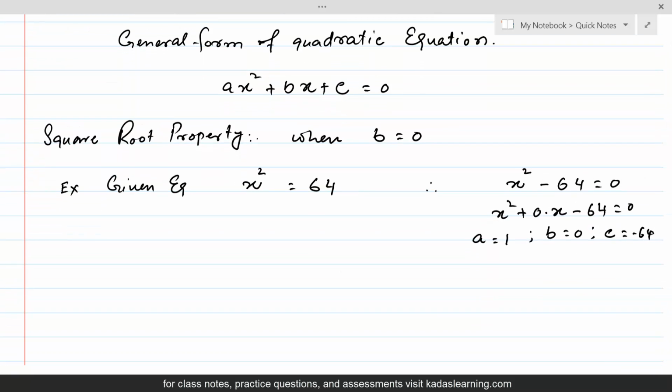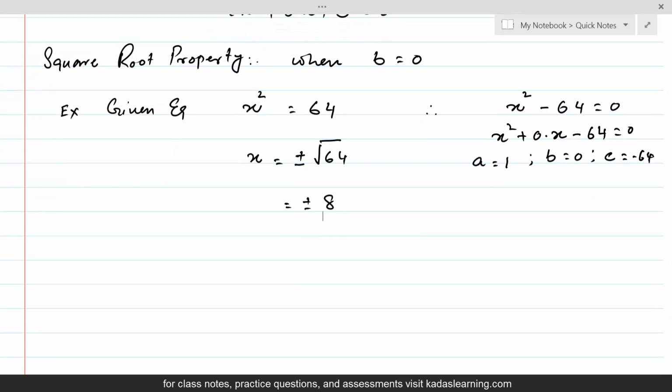Now we know that if x squared is equal to 64, then there are two possible values for x. Then x is equal to plus minus square root of 64. This is equal to plus minus 8. So both of these values will satisfy the given equation.